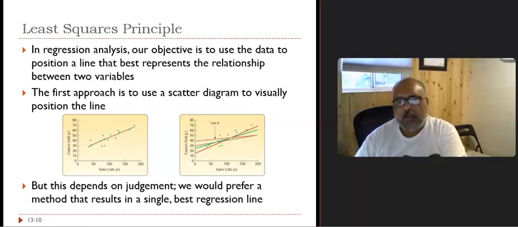The trend line is y equals mx plus c, or some people call it y equals ax plus b, where a is the coefficient of x, and b is the y-intercept, where the line intersects the y-axis.